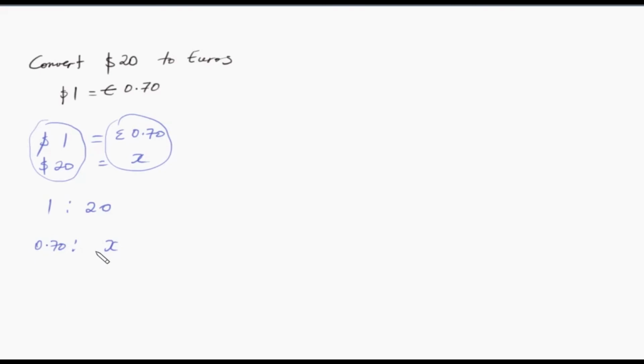So what do you do? You can just say, what has happened here? 1 was multiplied by 0.70, so you do the same here, multiply by 0.70, then you will get this.